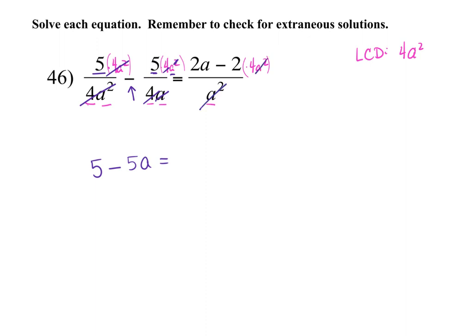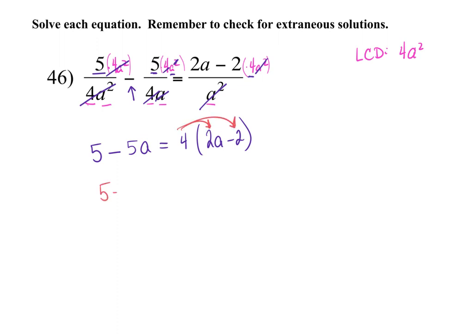Here, the a squareds cancel, and I'm left with the 4 times the 2a minus 2. You'll notice I grouped that because we want to make sure that 4 goes all the way through. So when I'm simplifying, I am going to distribute that 4 over here. I have 5 minus 5a equals 8a minus 8.